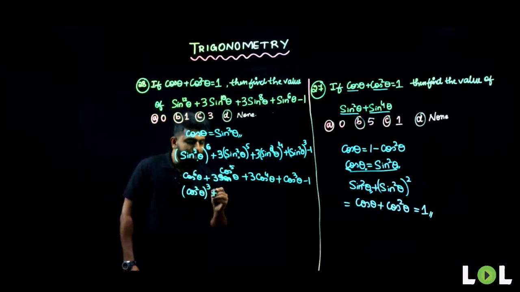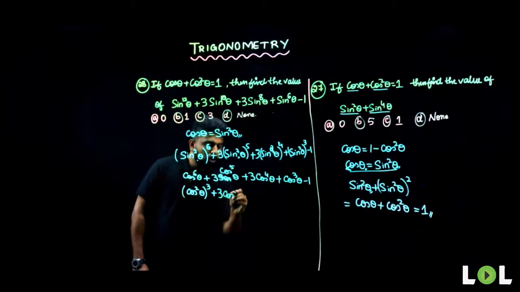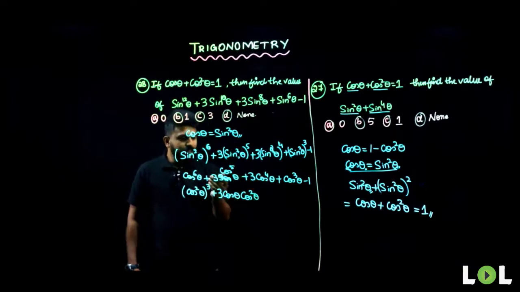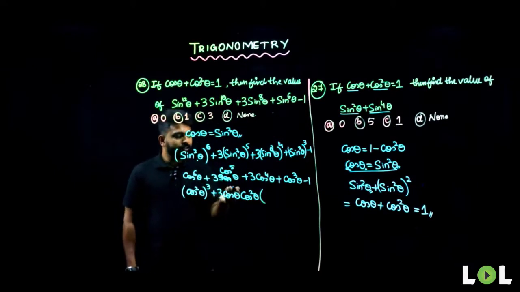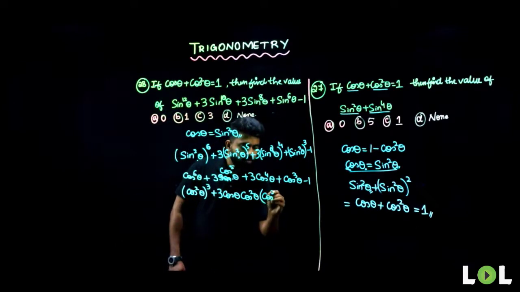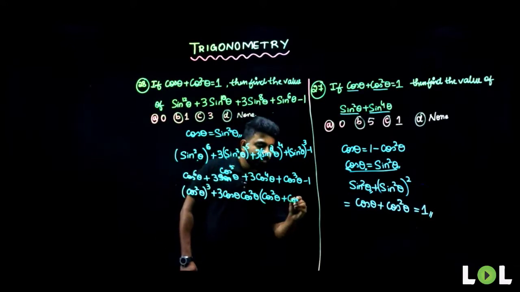So here, I'll write it as 3 into cos theta into cos square theta. I'll be taking 3 cos theta and cos square theta outside. So what will I be left with? Here I'll be left with cos square theta plus here I'll be left with cos theta.